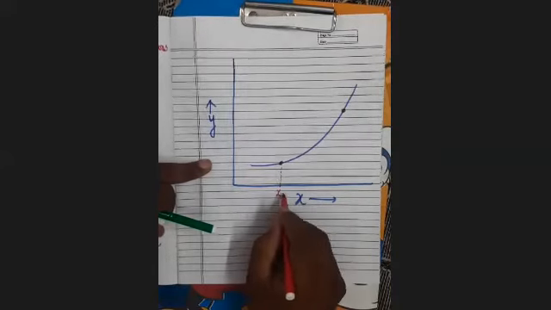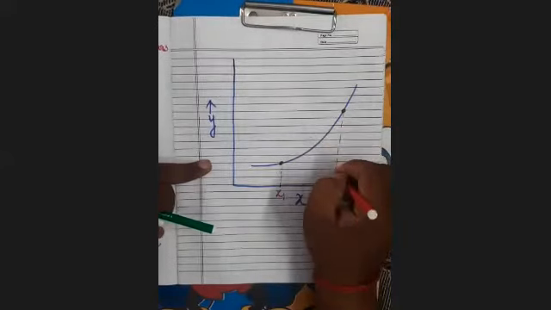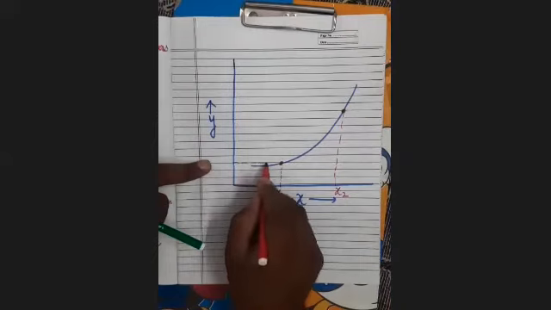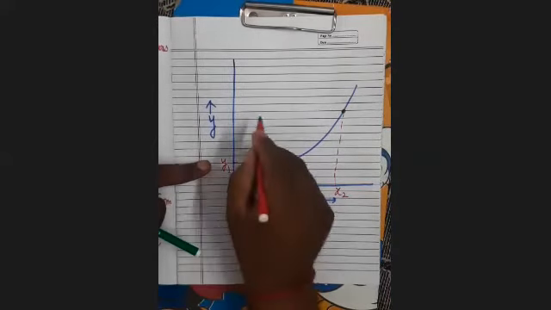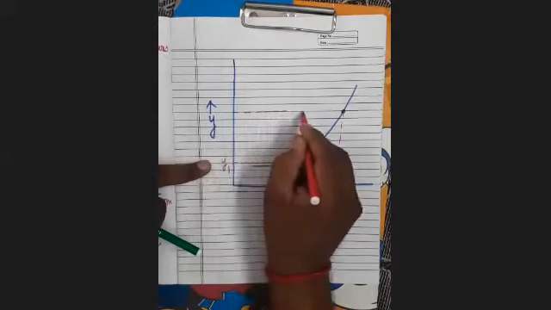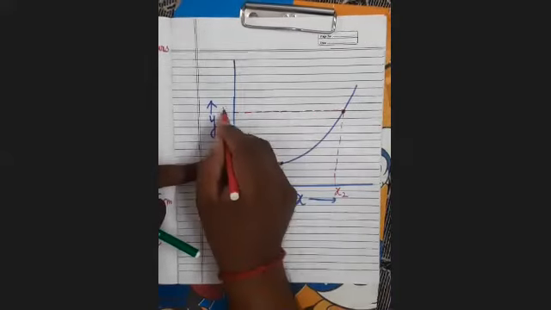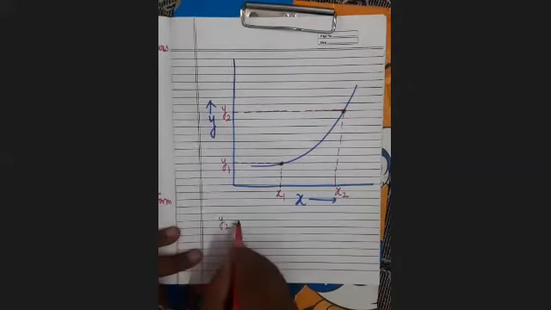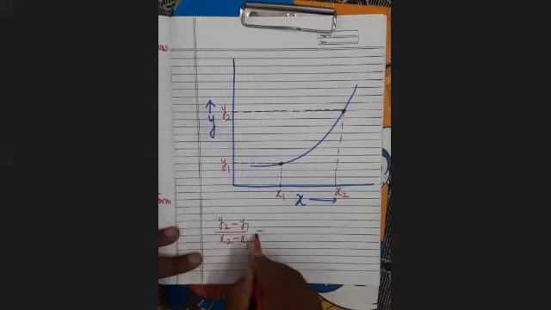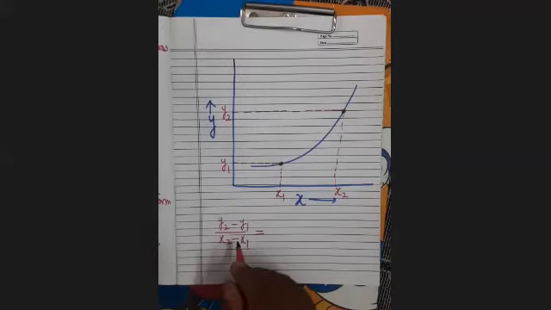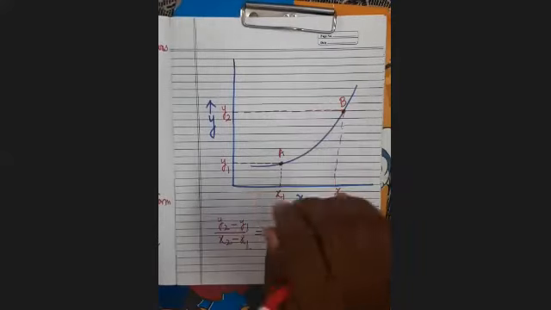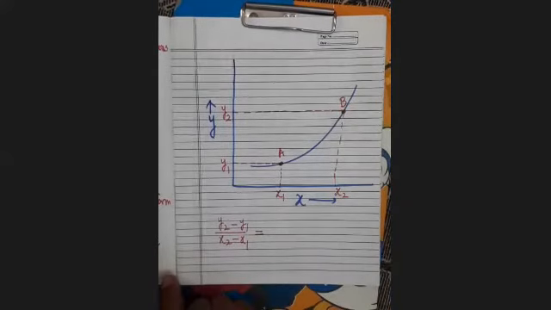This point is x1 and this point is x2. Here it is y1 and it is y2. So the slope is y2 minus y1 upon x2 minus x1. It's clear? This is the slope, but it is an average slope between these 2 points.